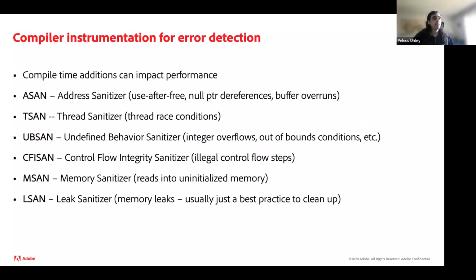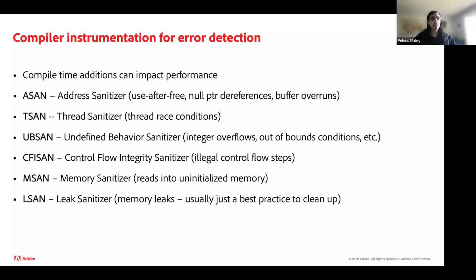Another thing that you will see as part of the choices you have to make is what sort of sanitizers you want to apply if you are going to build the code. Sanitizers are compile flags that you would never use in production. They have performance impacts.